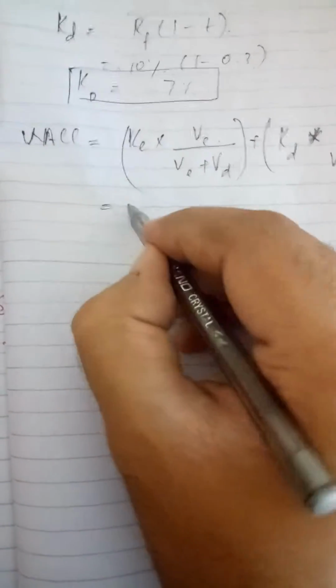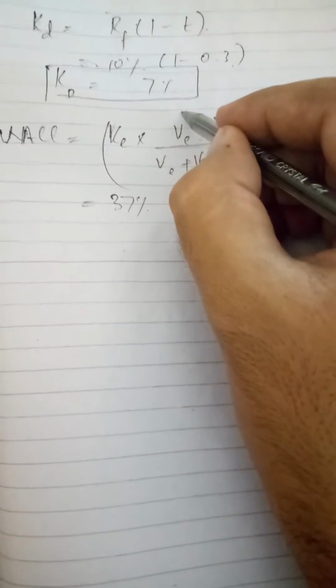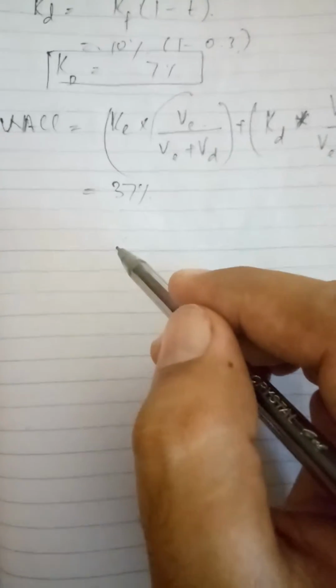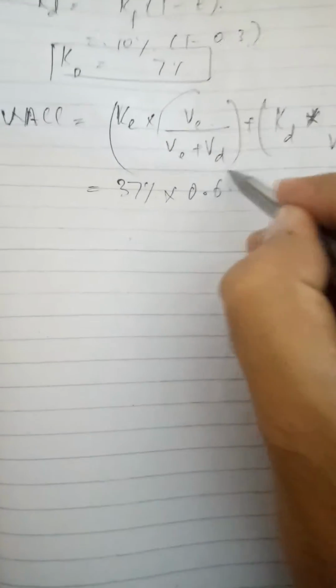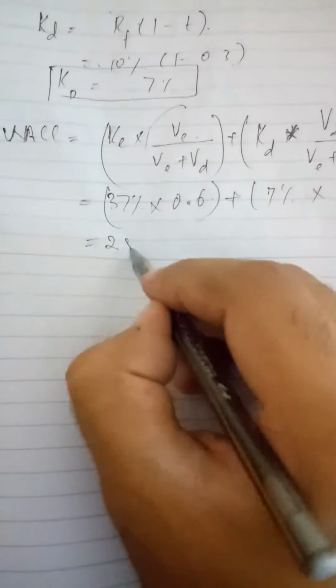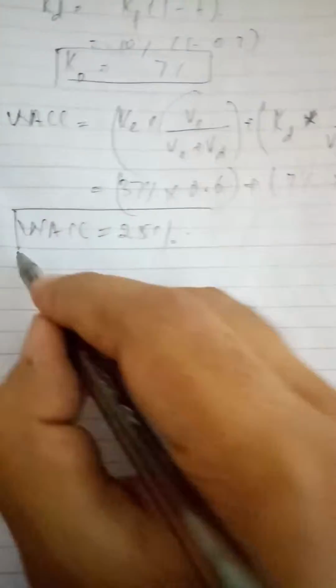So 37% × 0.6 plus 7% × 0.4, which is 25% WACC, the weighted average cost of capital.